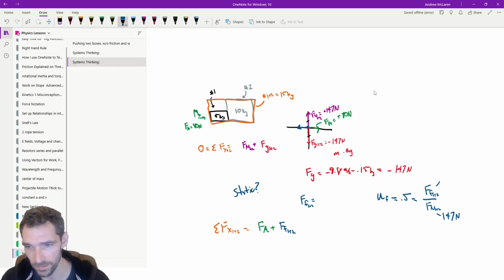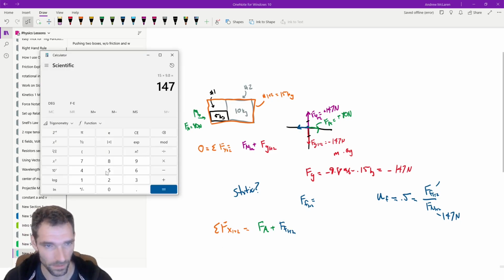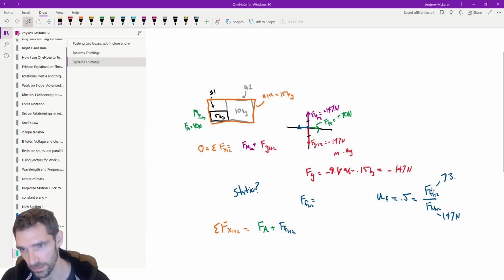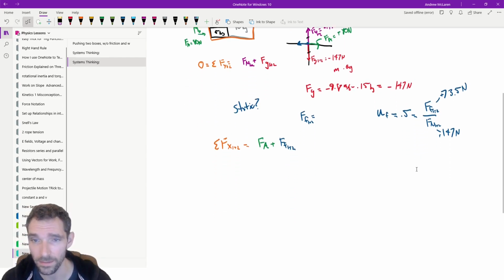So if that was 147, we just kind of cut that number in half to get the force friction, AKA we're just multiplying by 0.5 to get that. I like to write this out in this format because it's pretty apparent that that is one half when you write it out like that. It's easy to mess up the numbers at that stage, so I would encourage you to write it out in that format.